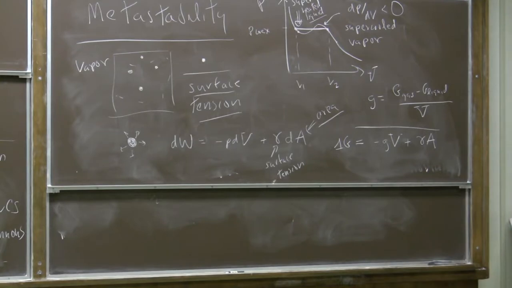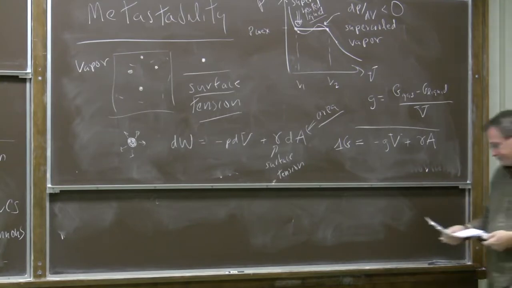So it's a good thing to make liquid because that's favored in the thermodynamically stable phase. But it's a bad thing to make area because that costs you work that you have to do against surface tension.